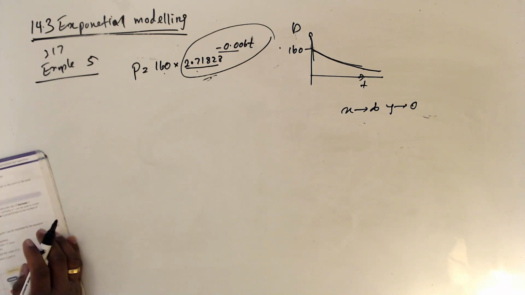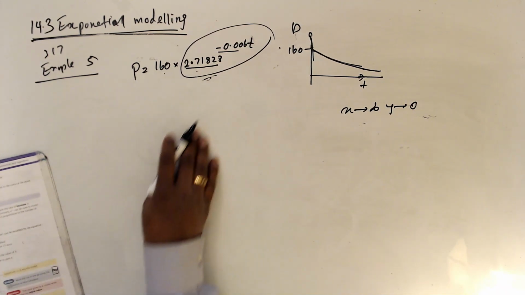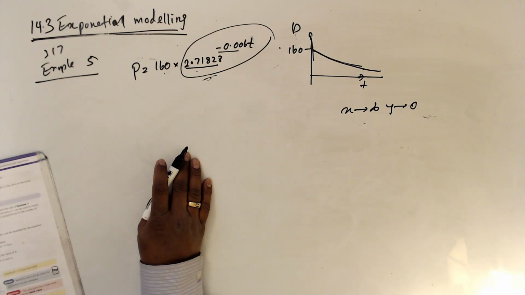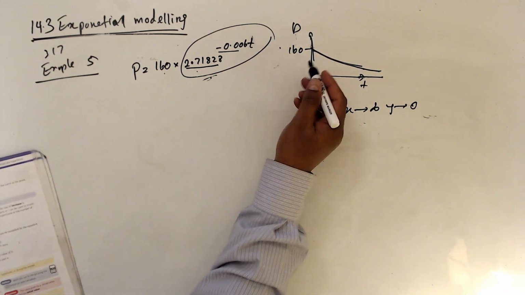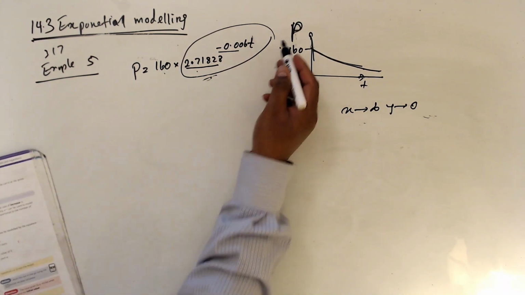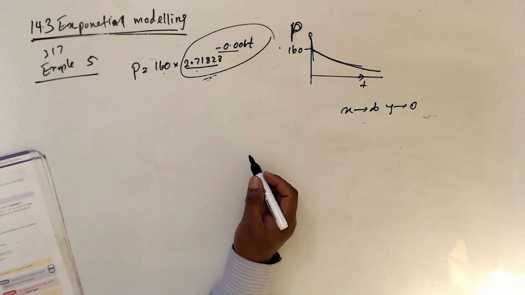It can be modeled by this equation, where T is the time in days since the pesticide was first applied. So a pesticide is applied to a field, and this P is the density in milligrams per square meter.